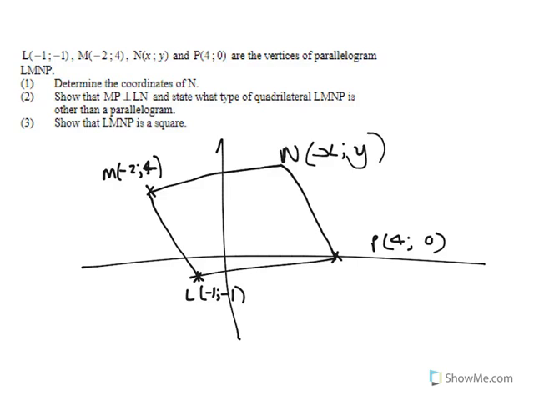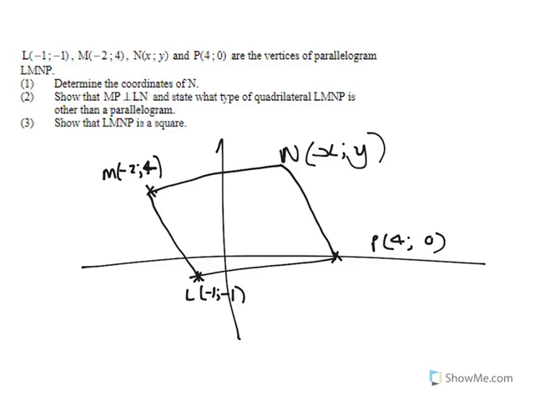So you could go the distances route, right? If you know that a shape is a parallelogram, then you know opposite sides are equal. So you could say, well, okay, let's figure out an expression for MN, and we know that that must be equal to this distance. But because you're trying to work out x and y, you're going to need a second equation. So you'd have to figure out an expression for this distance as well, and equate it to this distance, and then solve simultaneously, which could be heartache.